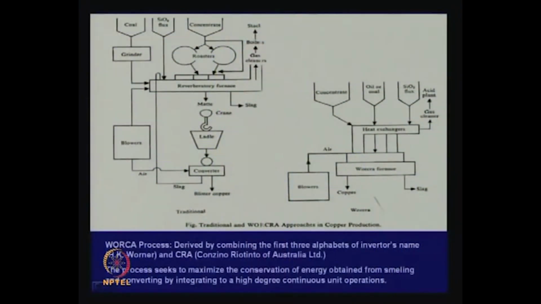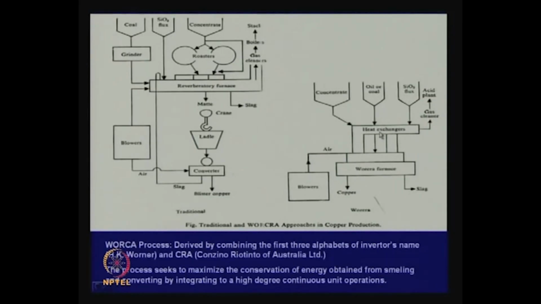But if you have different stages, then much of the heat generated in one step will not go into the next step, because in between you lose that heat, especially when you are transporting material, or if you have too many units from the surfaces of which heat gets lost. If you put them all in one reactor, then heat losses will be minimized and you will make better use of the heat being generated in the smelting and converting operations.